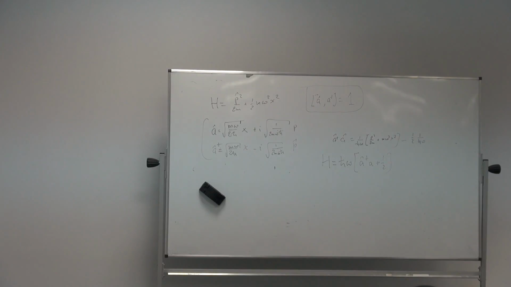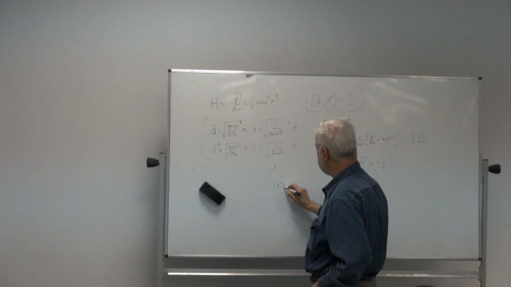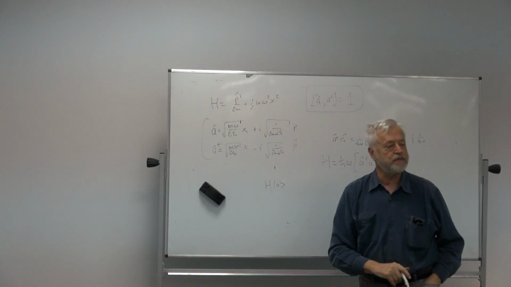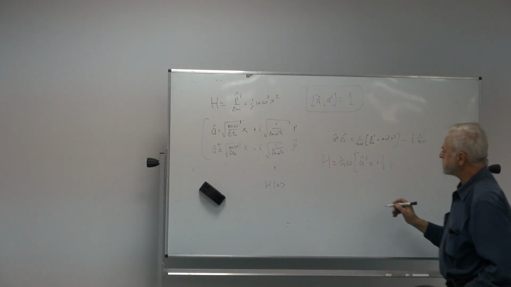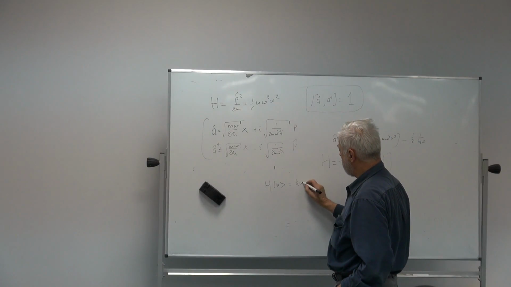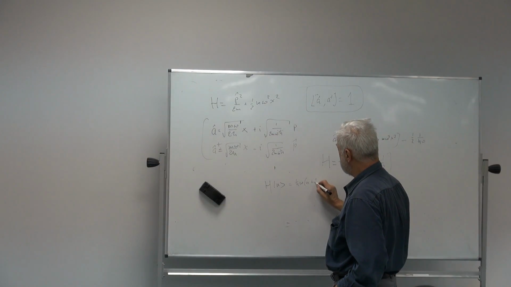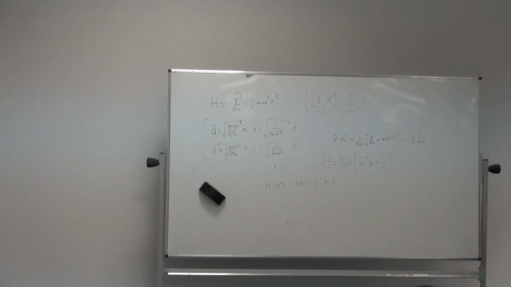And therefore, if I denote by n some eigenvector of this Hamiltonian, again, without any loss of generality, I can write the eigenvalue in this form.